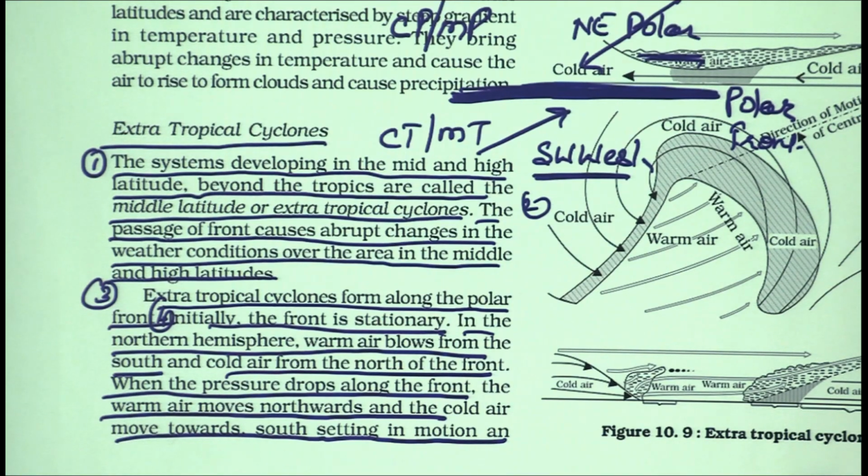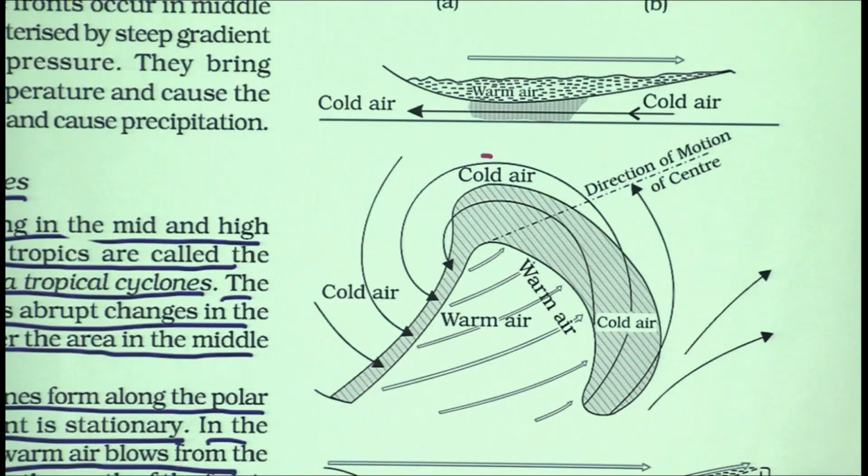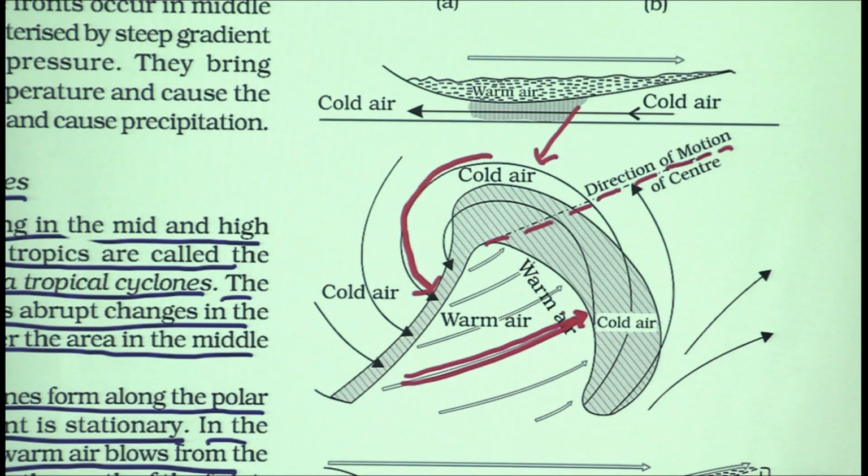Carefully see this with our figure of NCERT itself. Cold air have started intruding into warm and warm have started intruding into cold. So if I take the direction of the motion of the center, what exactly is happening? First the air column converged. I am using double arrow to demarcate warm. This is my warm air.